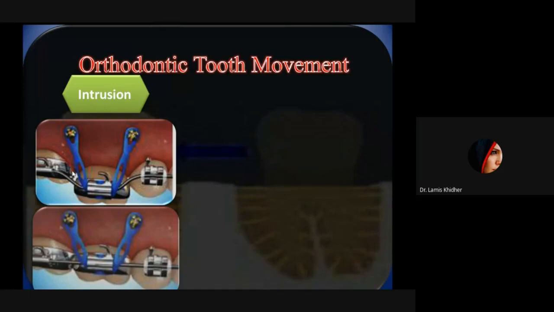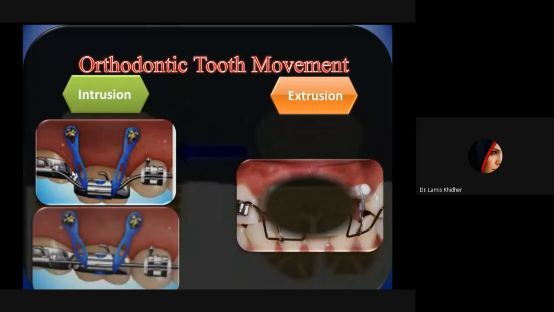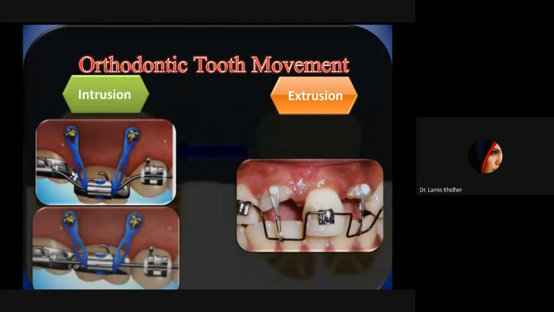This is the intrusion. The extrusion is the same but the opposite. It represents the vertical movement of the tooth away from the apex, or in incisal direction. Intrusion is vertical movement in apical direction, while extrusion is vertical movement in incisal direction. Like this case, we need to do extrusion for the upper central incisor and upper lateral incisor in vertical direction.